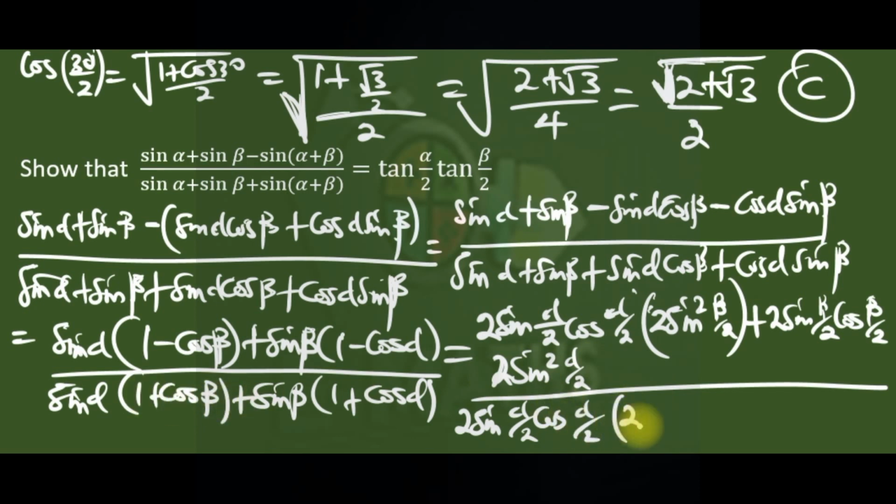Plus is now cosine, so I have 2 cos squared beta over 2, plus sine beta, which is 2 sine half beta cos half beta, times 1 plus cos alpha, which is 2 cos squared half alpha. So let's continue.